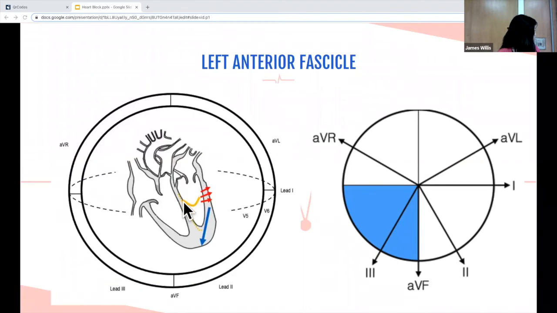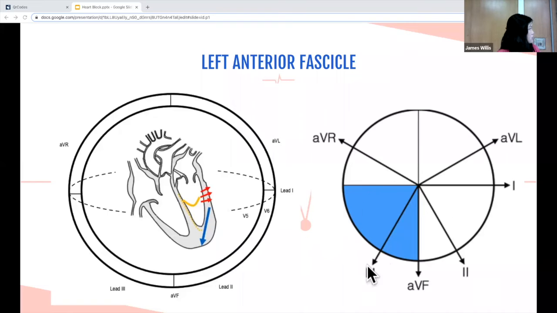So again, remember normal conduction: you go on the septum left to right and then down. The left anterior fascicle's job, because it connects right here on the left ventricle, is to start depolarizing from this part out to the epicardium and then down. So your overall vector is going to be down here.